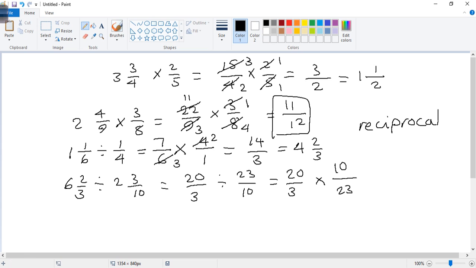Now 20 times 10 is 200, and 23 times 3 will be 69. 200 divided by 69 will be about 2, and the remainder: 2 times 69 is 138, so it will be 62 over 69.